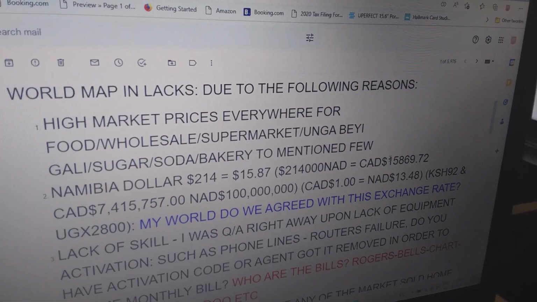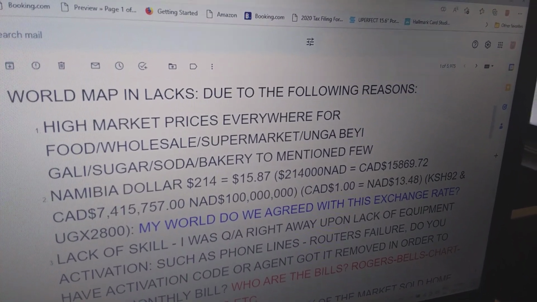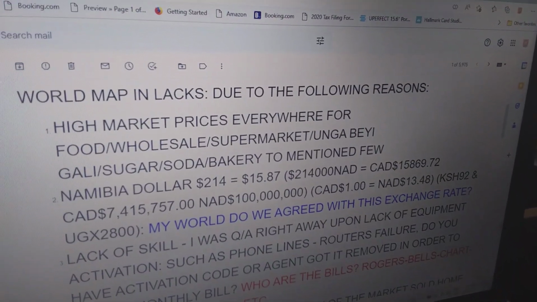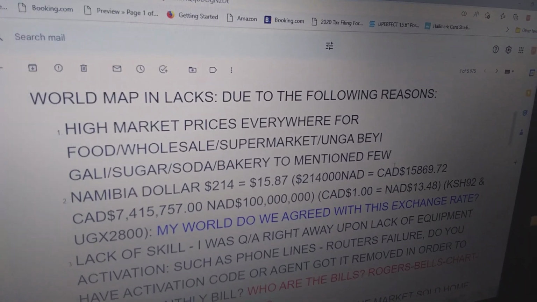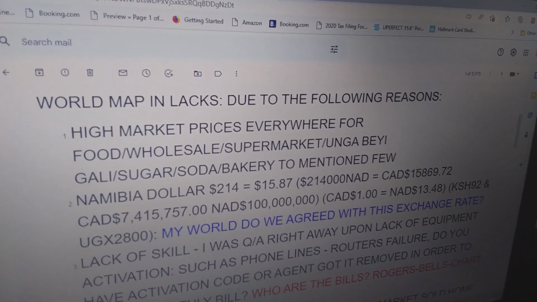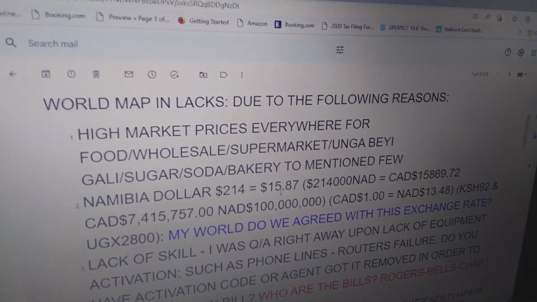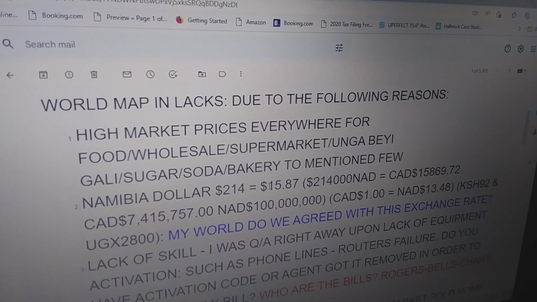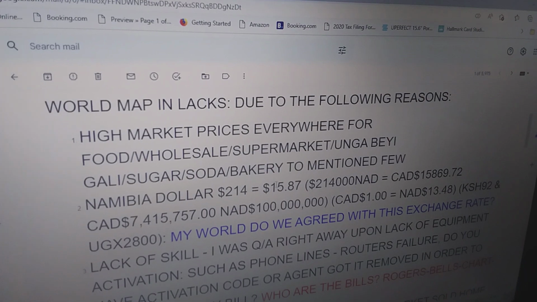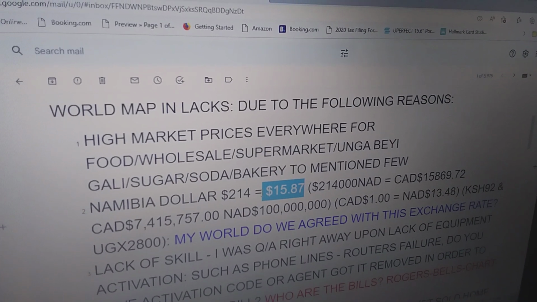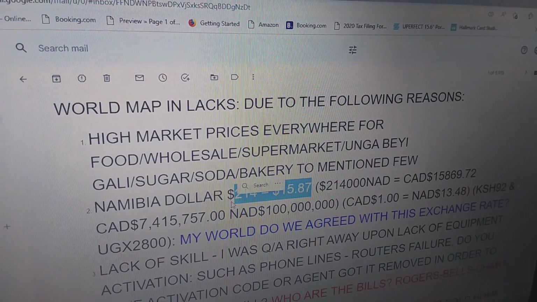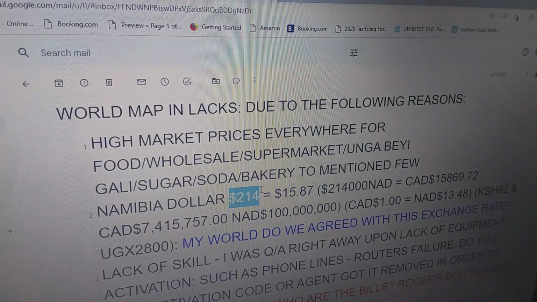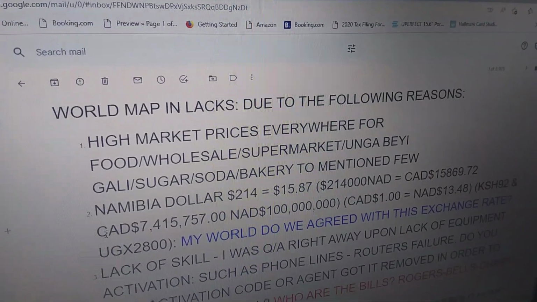And then you will see that is roughly 15,000 Canadian dollars, $869.72. Now if we look at this expense here, the guy doesn't drive there in Namibia, but they are buying an ordinary restaurant meal for 4 people. They are buying this much for $15, what Canadians sell for $15 in Canada, and if you buy in Namibia, that's roughly 214 in a restaurant figure.